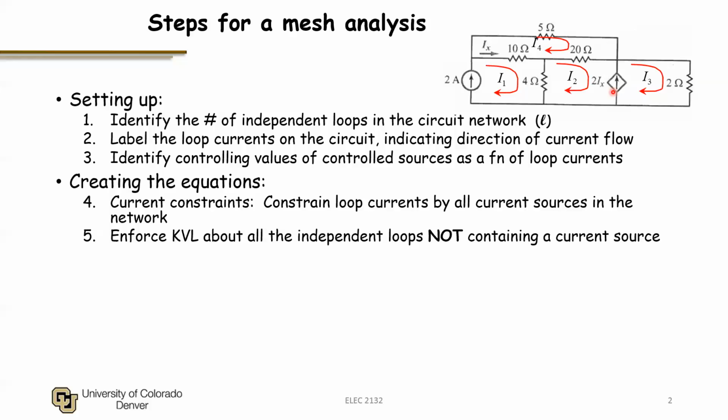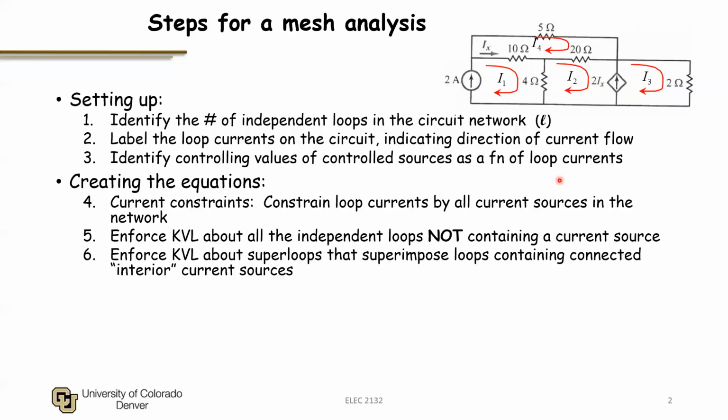That is, the voltage is going to be determined by the remainder of the network, which at this point we're not ready to predict. So we cannot predict the voltage across a current source directly, and therefore we cannot apply KVL around those loops. So we would apply KVL around all independent loops that do not contain a current source.